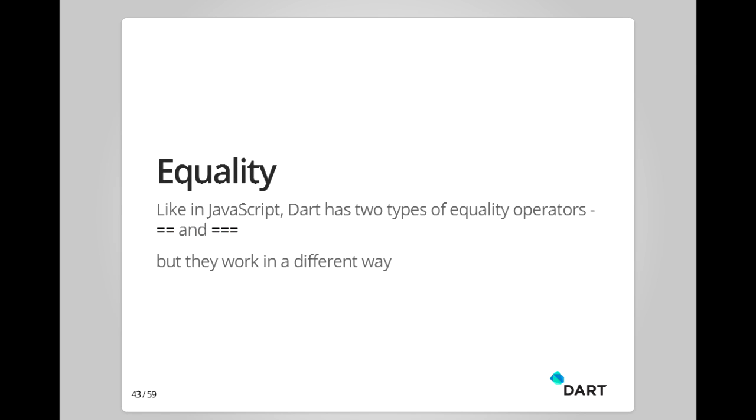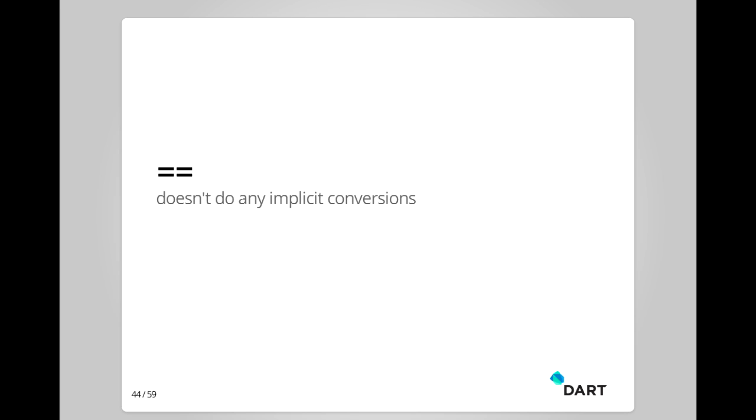Equality. Like in JavaScript, in Dart we have the double equality and triple equality operator, but they work in a different way. The double equality doesn't do implicit conversions. So we won't end up in situations where an empty array is equal to a non-empty array, which is quite silly.